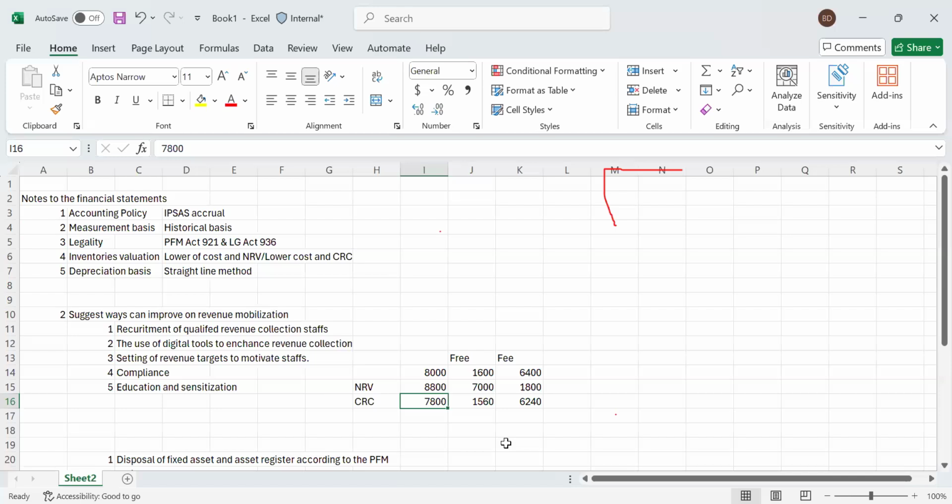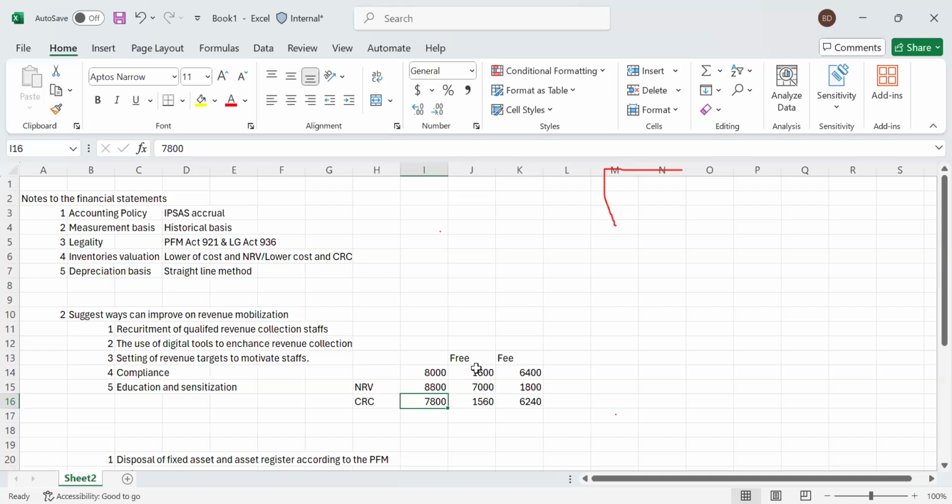We have three categories of inventory. This is the cost of the inventory, and the cost is split into two. It comes free and at a fee. 80% of the cost of the inventory comes at a fee. 20% comes free, meaning you won't pay anything for it.